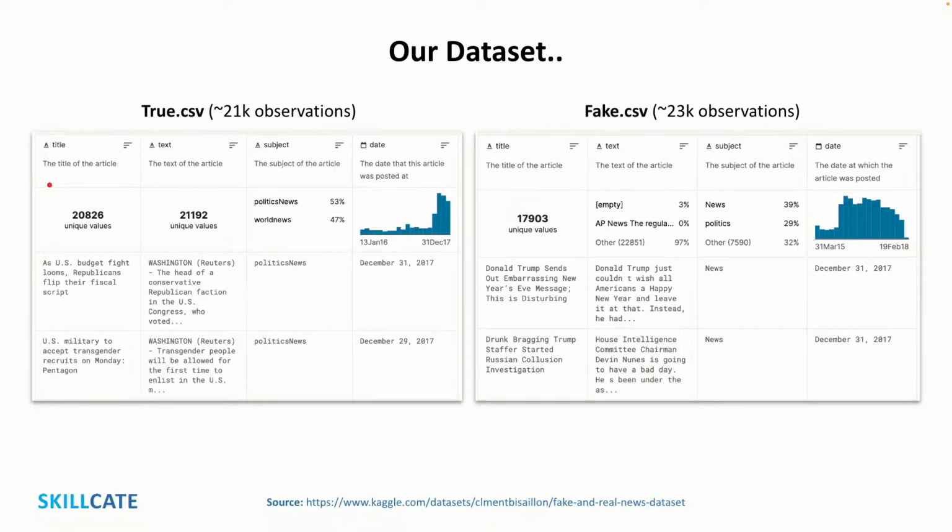We have the title of the news in column 1, then the article text followed by the subject, which is basically the category of the news article, followed by the date on which this article was published. For our use case, we shall merge both of these files into a single large dataset and add an additional column called label that will have true mentioned against all the observations from true.csv and fake mentioned against all the observations from fake.csv.